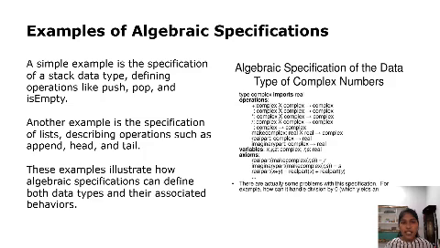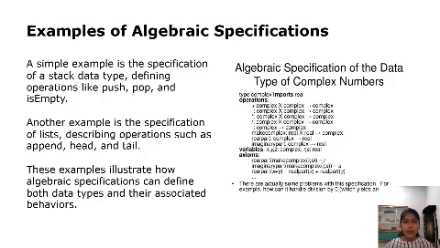Examples of an algebraic specification. A simple example is a specification of a stack data type, defining operations like push, pop, and is empty. This is covered in the DS or C subject, where inserting an element is called push, deleting an element is called pop, and if there is no element in the given index then it is empty.